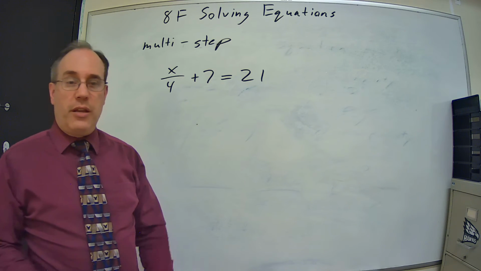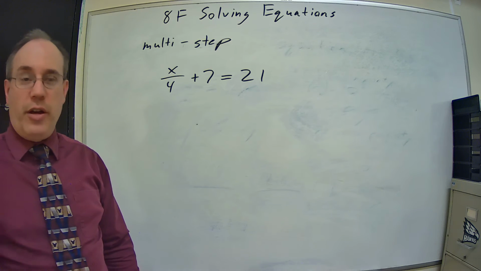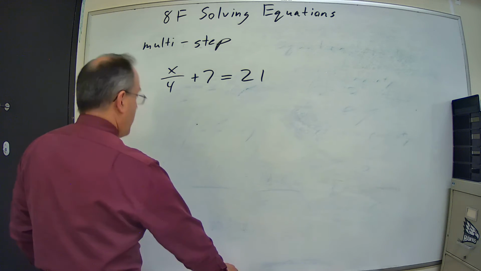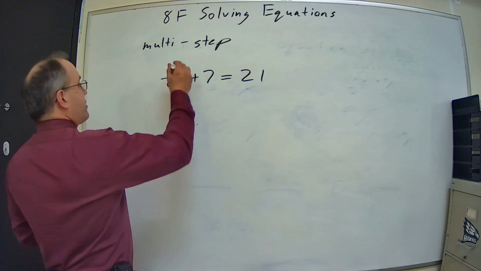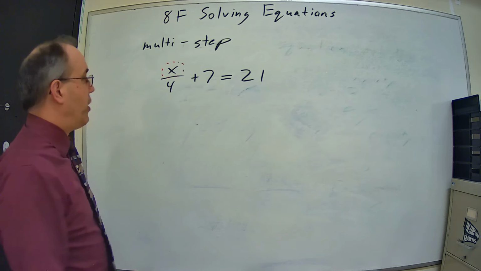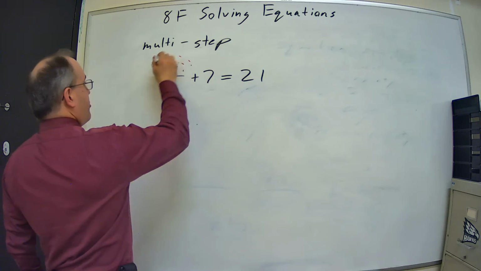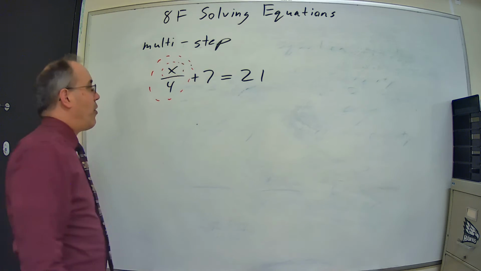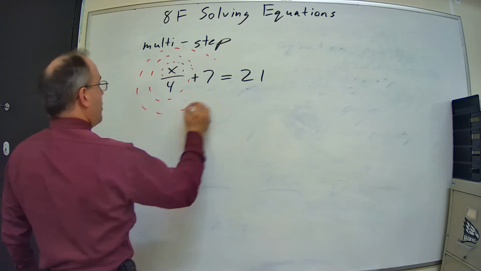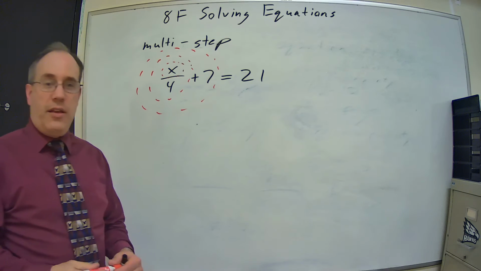Kind of like peeling layers off of an onion, slowly peeling your way into something. You've got x, that's what you're looking for. It is attached to this 4 by division, after which it is attached to that 7 by addition.